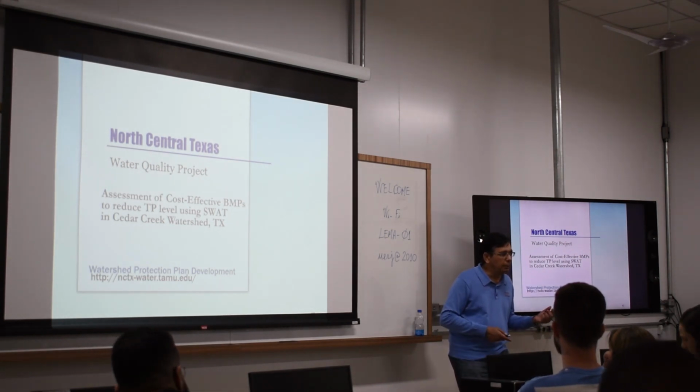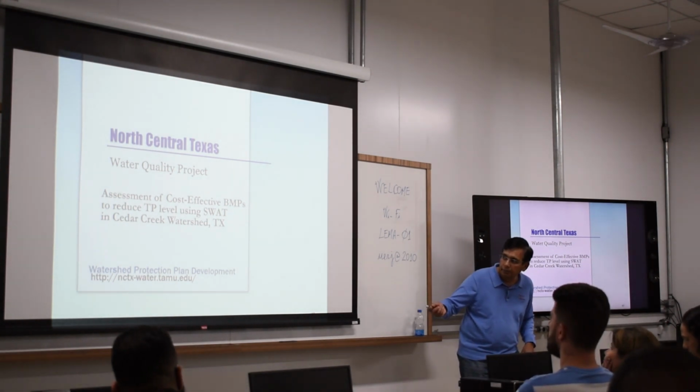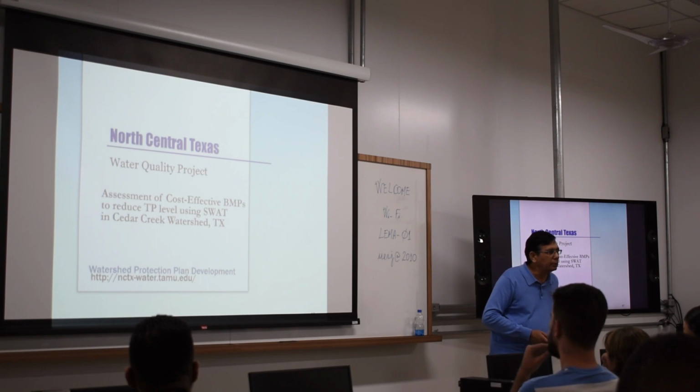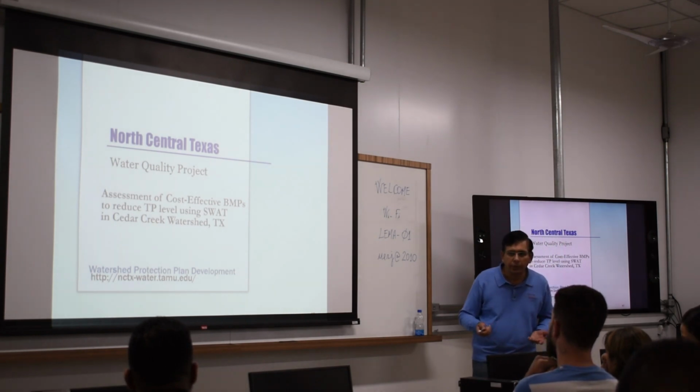They are spending about $1 million a day to clean the water. So one of the questions the managers of this water supply reservoir are asking us is where this phosphorus is coming from in the watershed, and what they can do to reduce the phosphorus going into the lake.